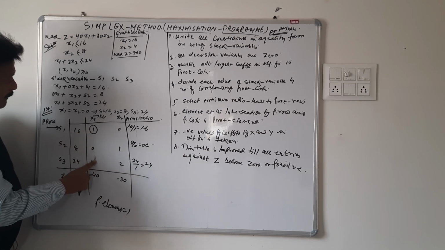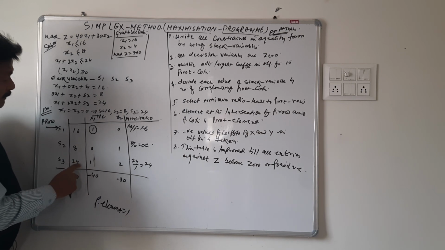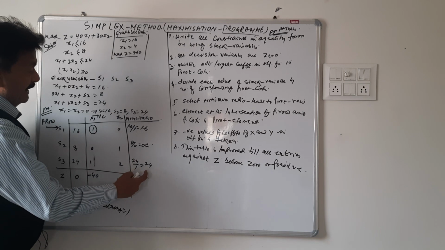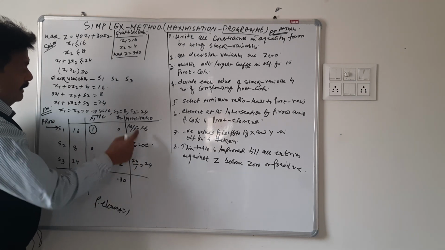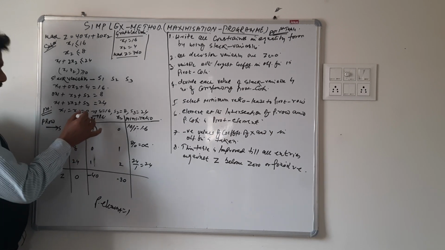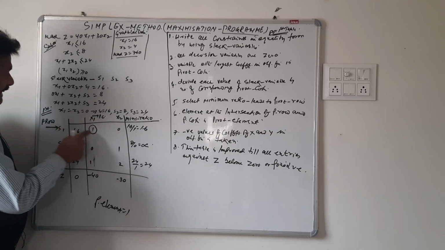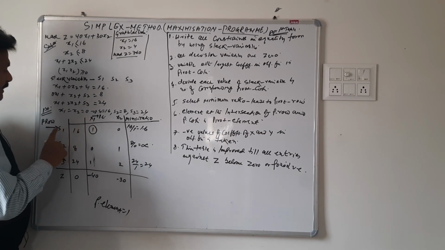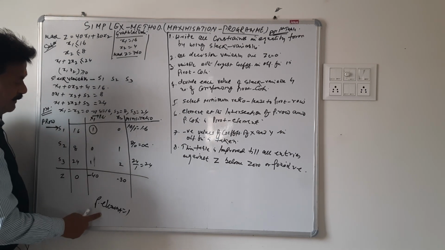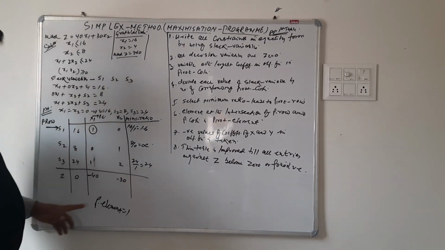So 16 by 1, 8 by 0 and 24 by 1. We get 16, infinity and 24. Out of these, 16 is the minimum. So this is the pivot row, this is the pivot column, and the element at their intersection is 1. This is known as the pivot element, 1.